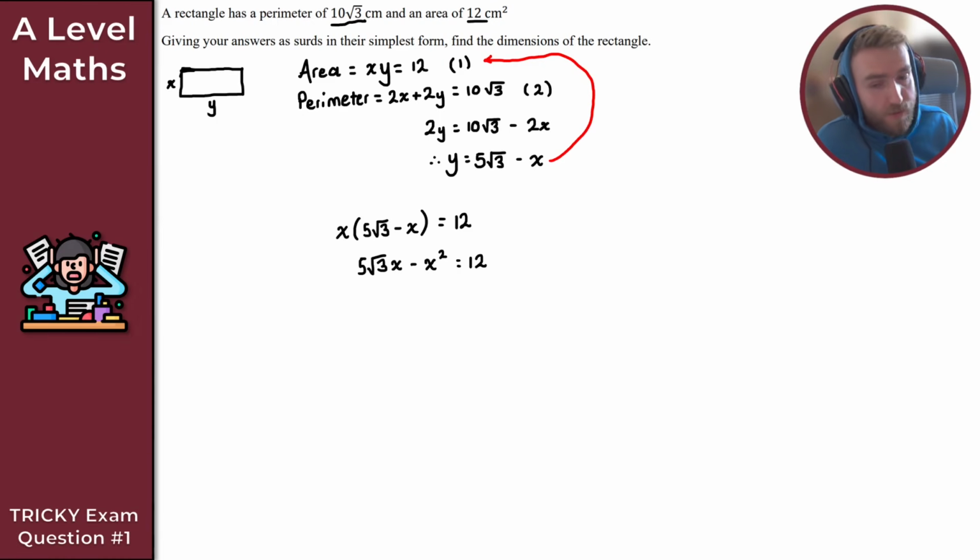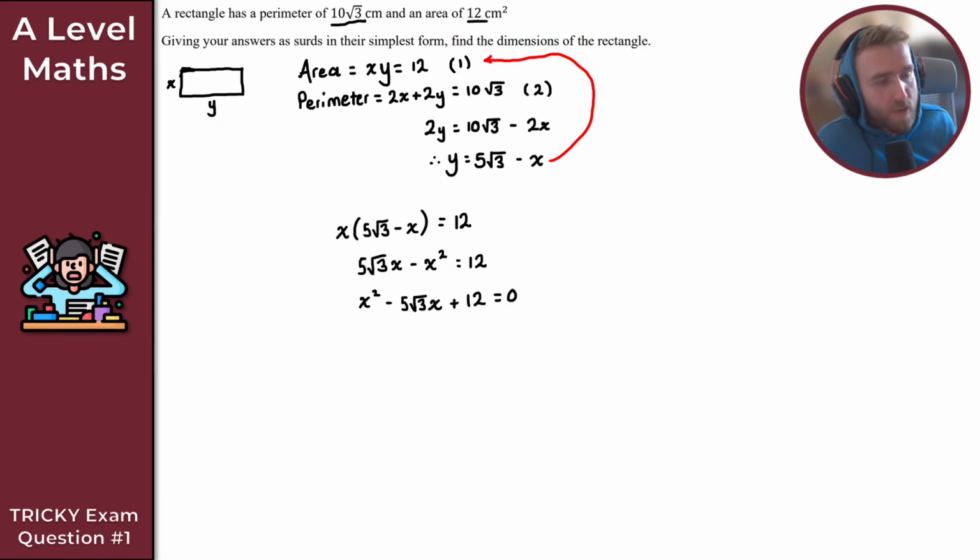So let's just add x squared to both sides. And let's also subtract 5 root 3x off both sides as well. So if we do that underneath, then we get x squared minus 5 root 3x plus 12 is equal to 0.